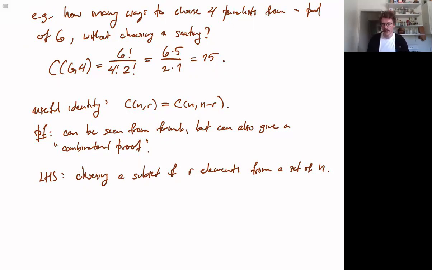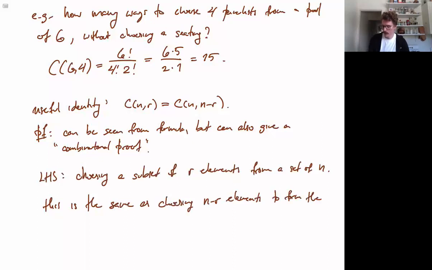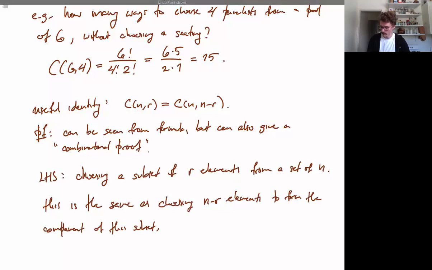And the proof essentially is that this is the same as choosing n minus r elements to form the complement of this subset. And choosing n minus r elements from a set of n is precisely what the right-hand side is counting. So that completes the proof.